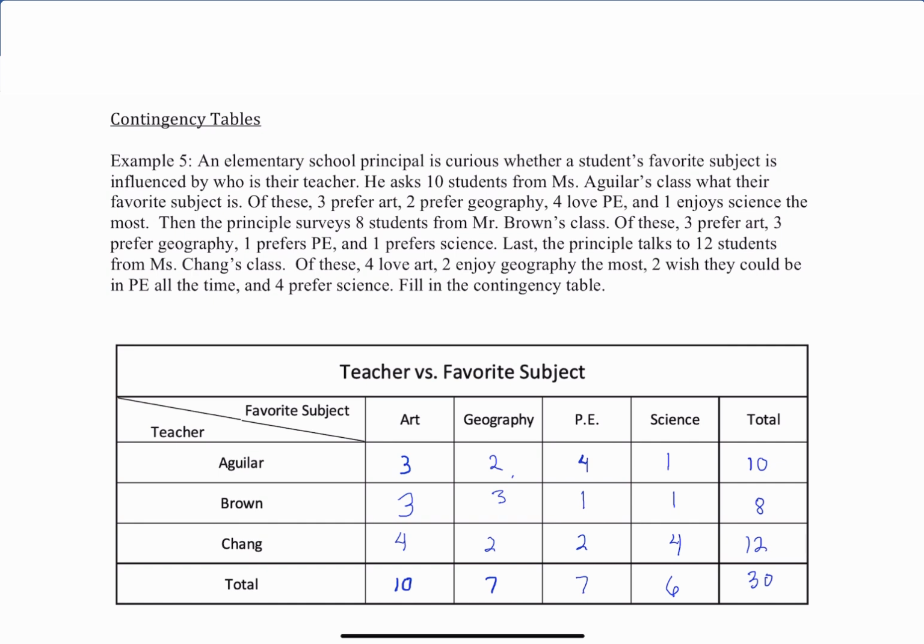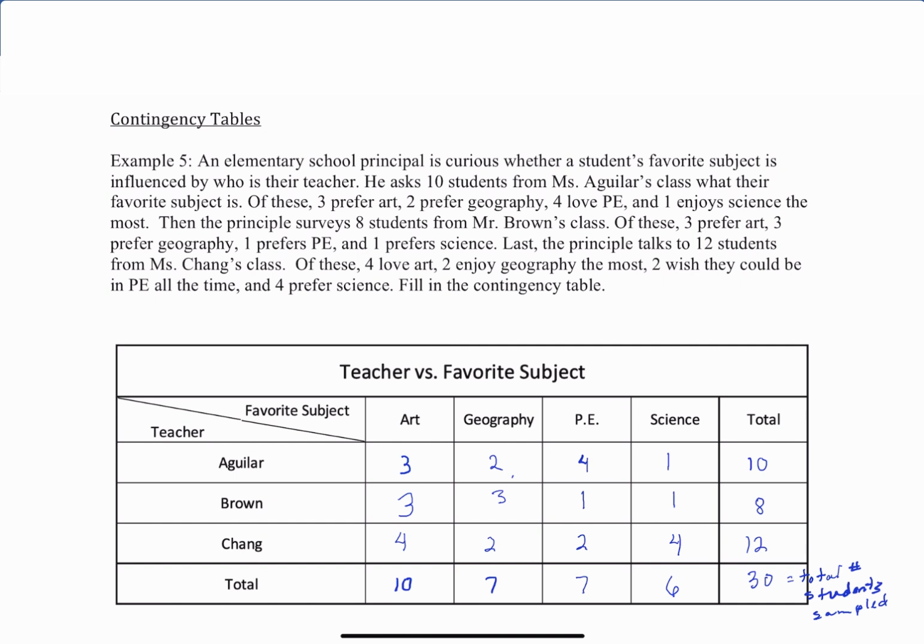That should represent the total number of students that the principal talked to or surveyed. I'm going to just say total number of students sampled. So if you add up the students that he talked to from each of the 3 classes, those should add up to the total number he talked to.